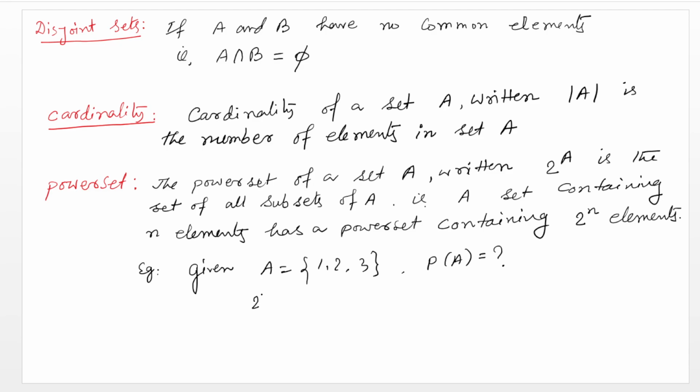If it has n elements, then the power set will contain 2 to the power n elements.